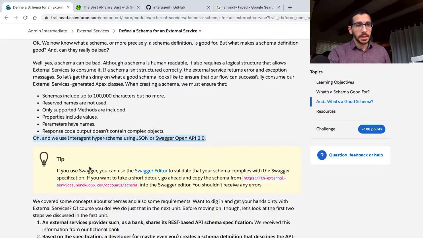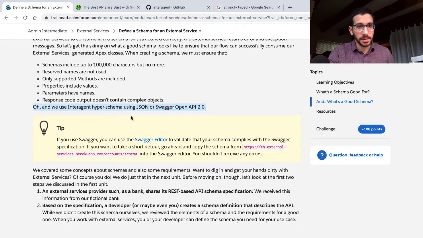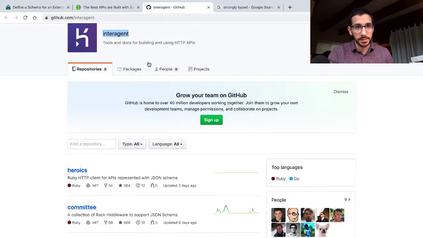Okay. If you use Swagger, okay, so these are Interagent Hyperschema using JSON or Swagger OpenAPI 2.0.